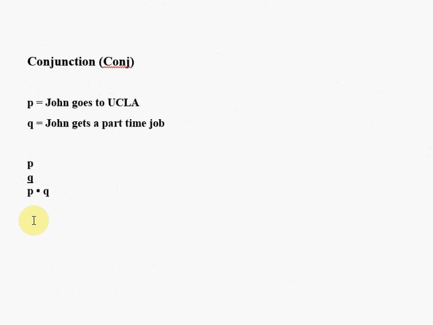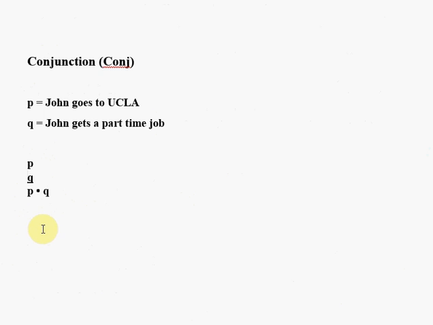And when we are asserting these premises, we basically are assuming them to be true. So if it is true that John goes to UCLA, and it is true that John gets a part-time job, then it would necessarily follow that John goes to UCLA and that John gets a part-time job. So the conjunction would follow if those two premises are true. And that's why this would be a valid form.